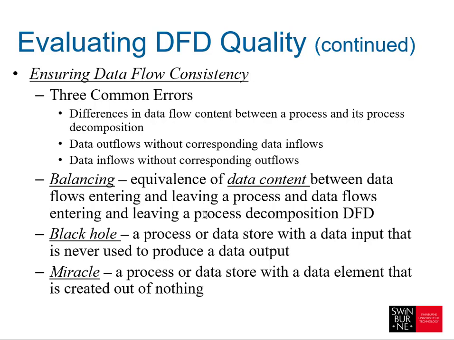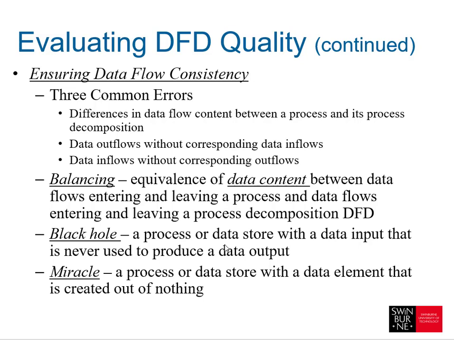Now what we need to avoid in data flow diagrams is the black holes and the miracles, right? The black hole is a process or data store with a data input that is never used to produce any output. So we are inputting the data into a process, but it's a black hole. So black hole means we don't know where this data goes, right?